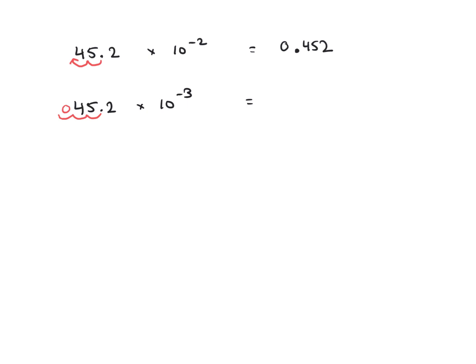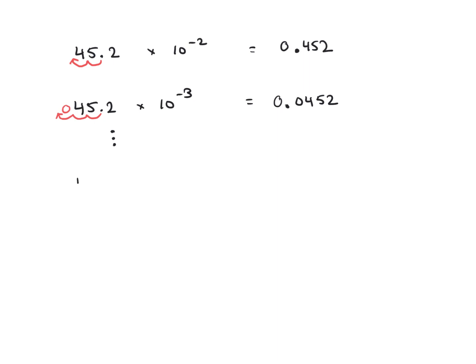But this time the zeros are going to be on the left side. So you have to add the extra 0 there. So the answer is going to be 0.0452. That's not nice to read, and we'd often throw that 0 in front of the decimal to make it easier to read. Okay, let's skip a few.